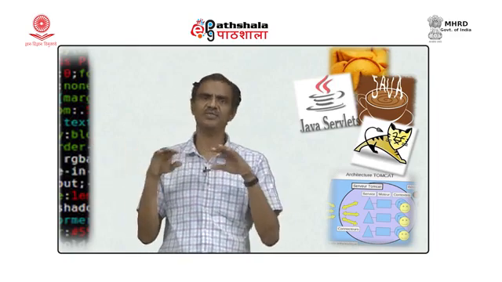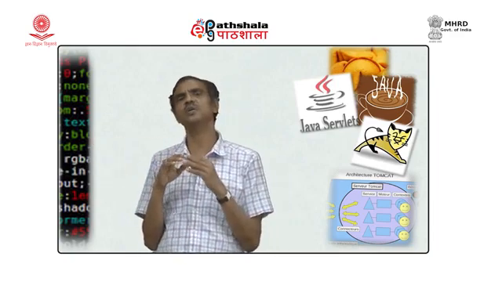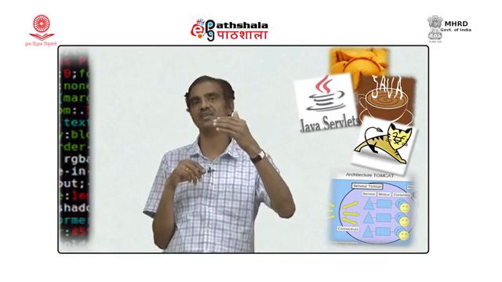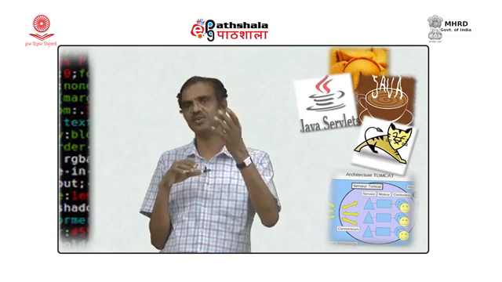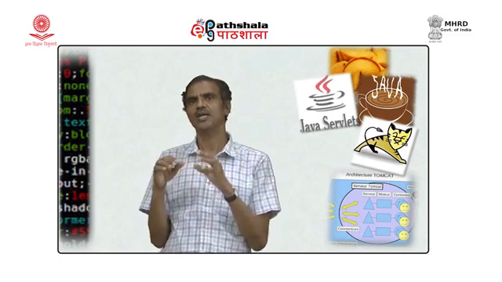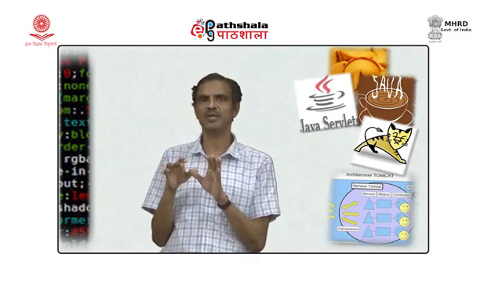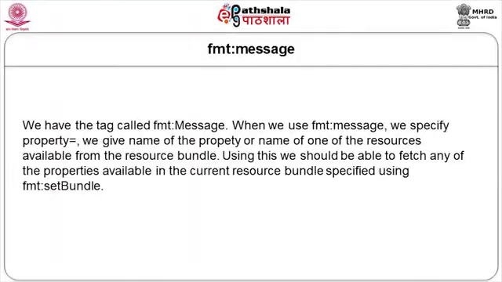So, that way you specify which resource bundle should be used, because already we have a setting for locale. So, for whatever is your current setting for the locale, it will be fetching the resource bundle. And then we have the other one called fmt:message.